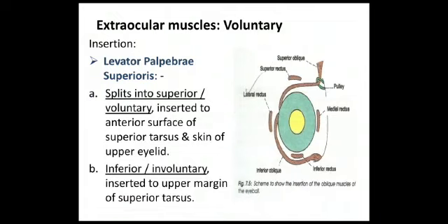The levator palpebrae superioris is further divided into 2 components, the superior and inferior components. The superior, also called as the voluntary component, is inserted to the anterior surface of the superior tarsus and skin of the upper eyelid, while the inferior, which is called as the involuntary component, is inserted to the upper margin of the superior tarsus.